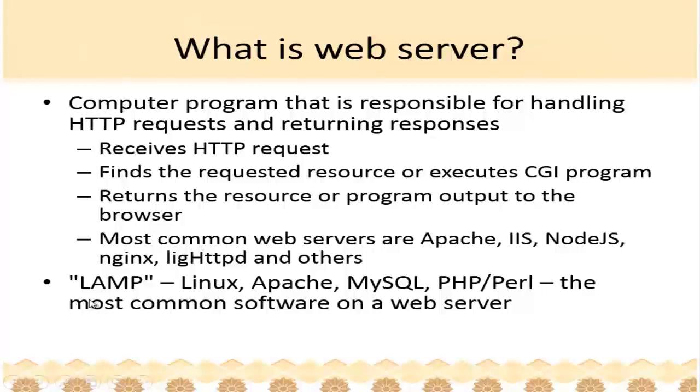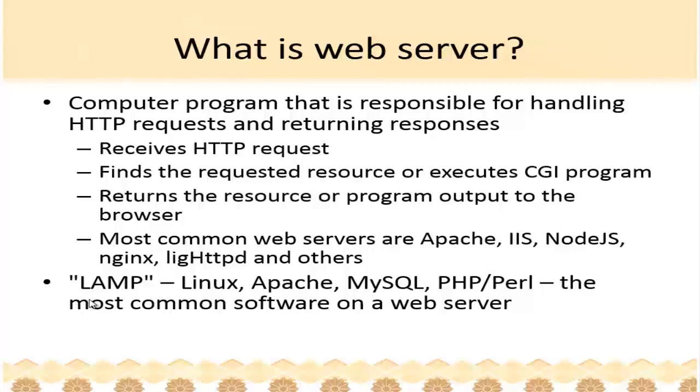The most heavily used web server is Apache. The next one being used is IIS. The others are not up to that level. Apache is the open source server. It runs on almost all platforms: Unix, Mac, as well as Windows.